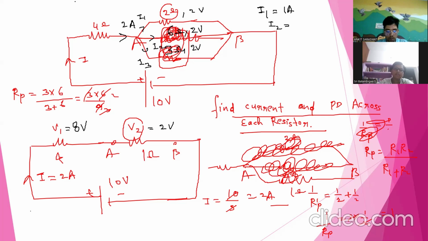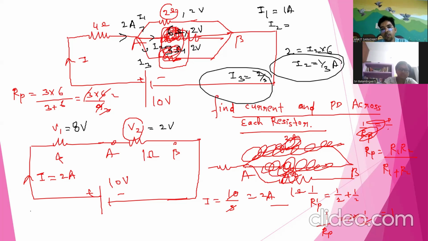Wrong. Look, I2 will be what? The voltage drop is 2. I2 into R, 6 ohm, so I2 will be 1 by 3 ampere. Similarly, I3 will be 2 by 3. Clear? Please improve the calculation. Clear?